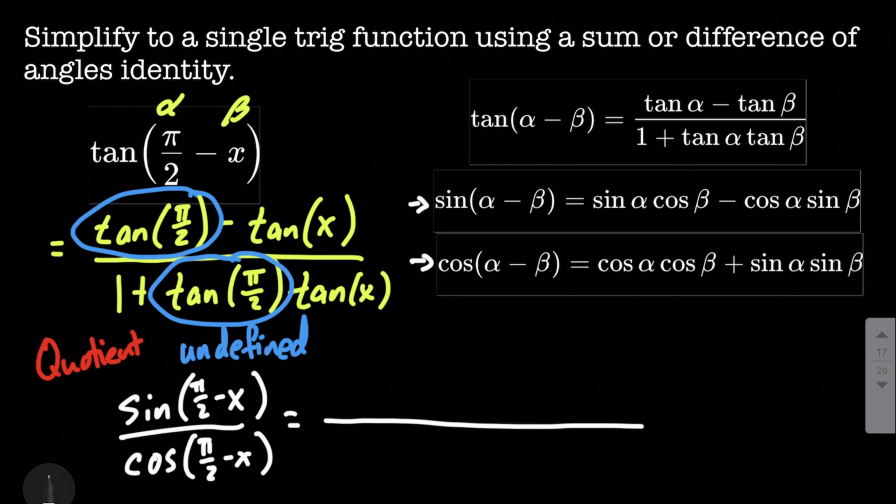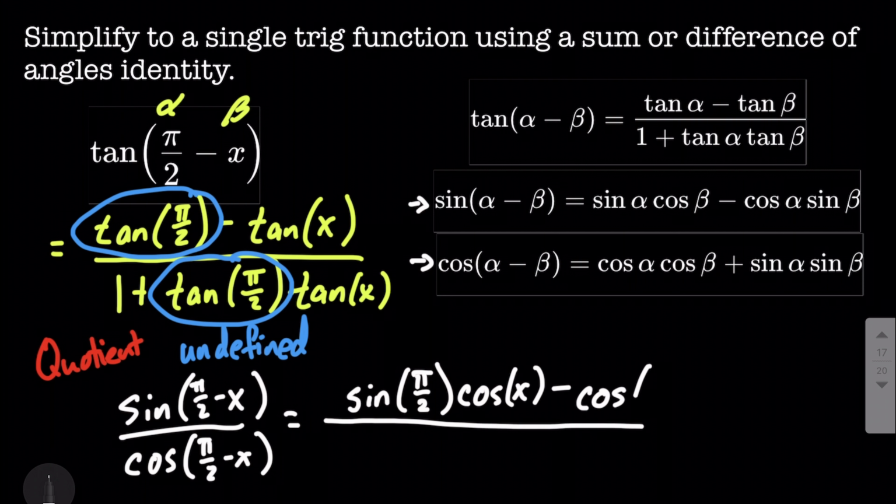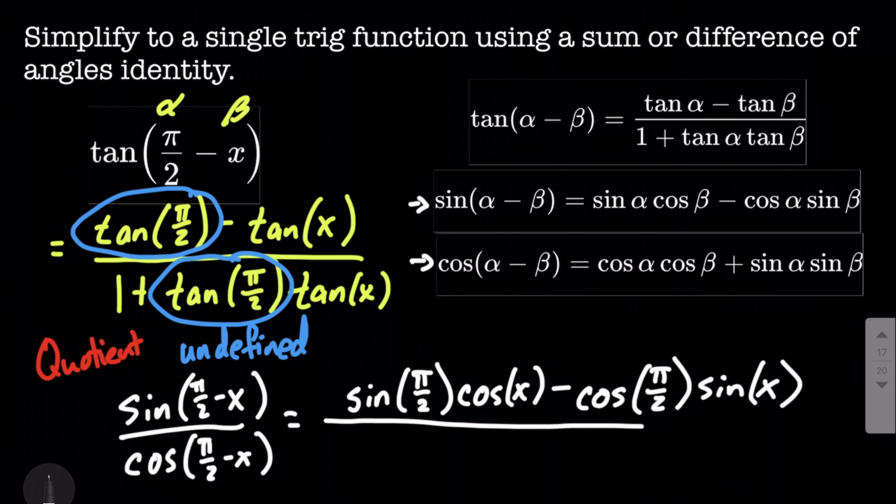Again, in both these cases, alpha is going to go as pi over 2 and beta is going to go as x. So this is going to look like, on the right-hand side for sine, we can replace it with sine of pi over 2 going in for alpha, multiplied by cosine of beta, which is in our case x, minus cosine of alpha, which is pi over 2 in our case, multiplied by sine of beta, which in our case is replaced with x.